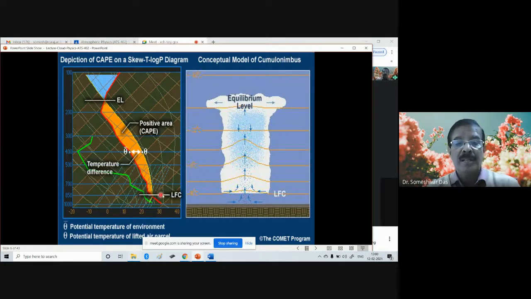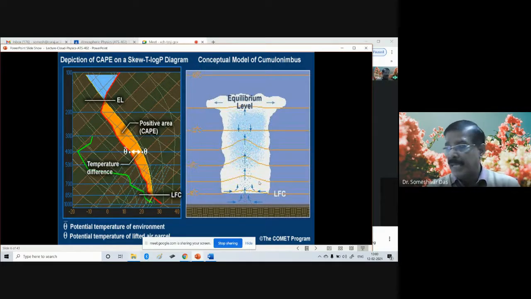Cloud water droplets start forming depending upon the saturation of specific humidity, and also the presence or absence of aerosol particles in the atmosphere.